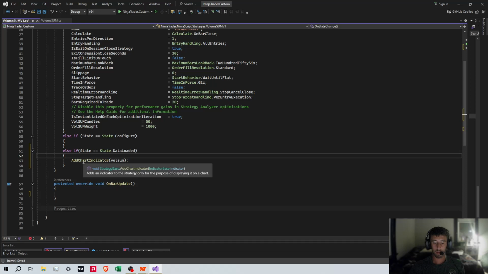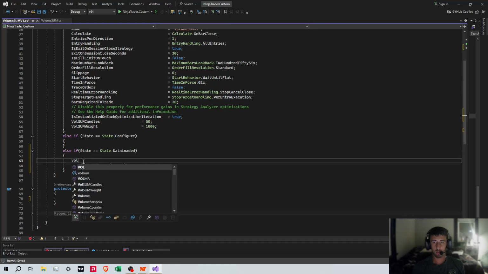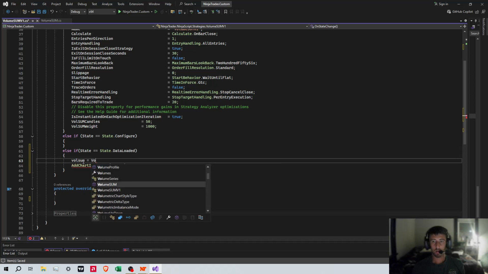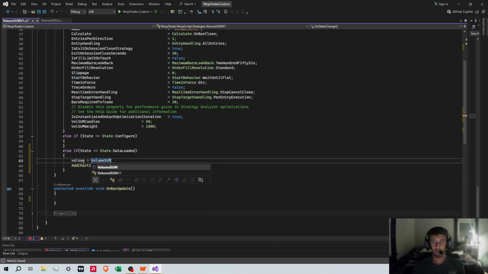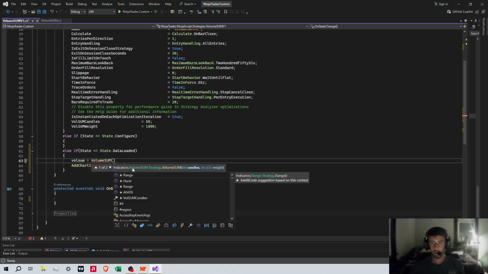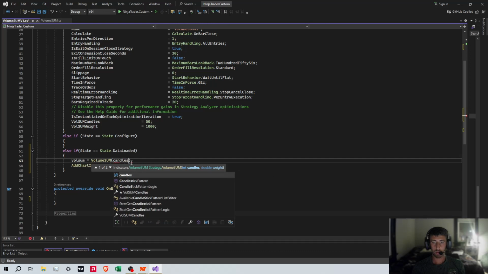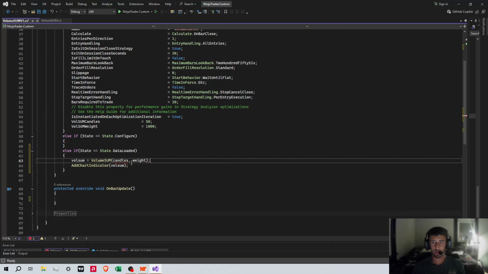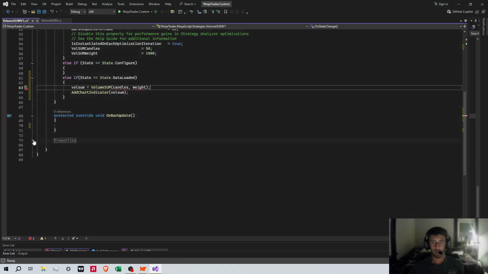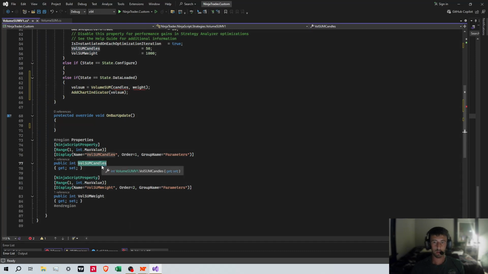First we actually need to do all sum equals volume sum. We need the candles and the weights. So we're going to do candles and weights. Now in our properties, just change the name to candles and weights.